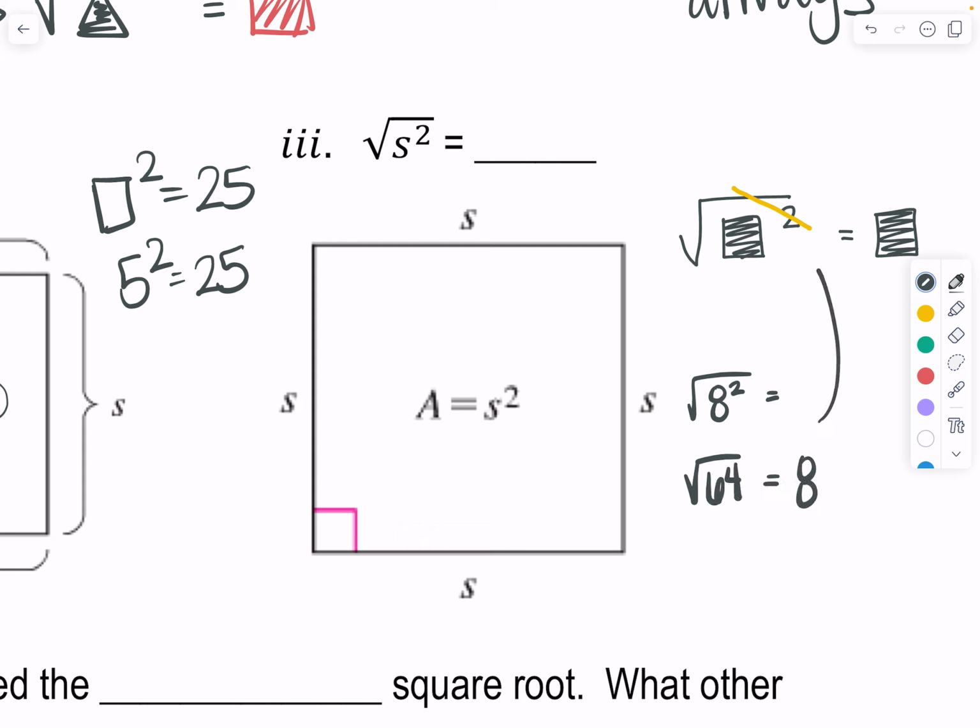So we can see that the square root and the squared actually cancel each other out. They are inverse operations. So the square root of s squared is s. And that's true of variables. That's true of numbers.